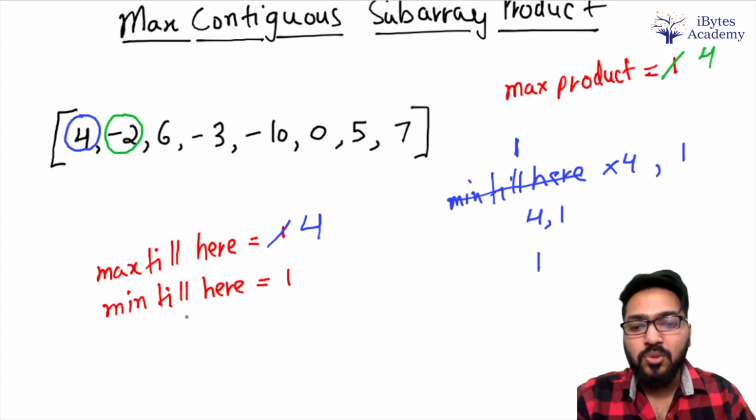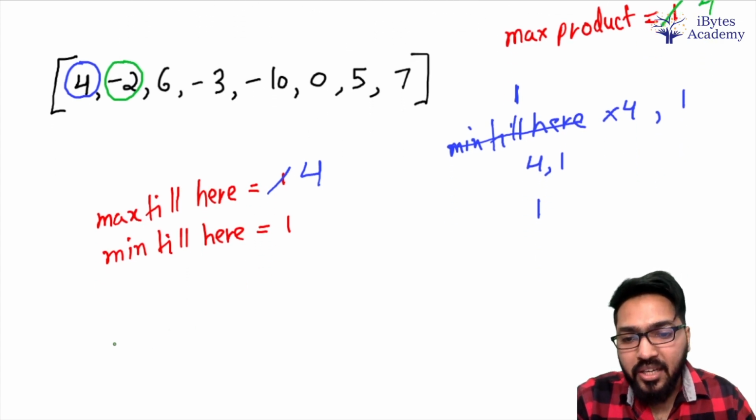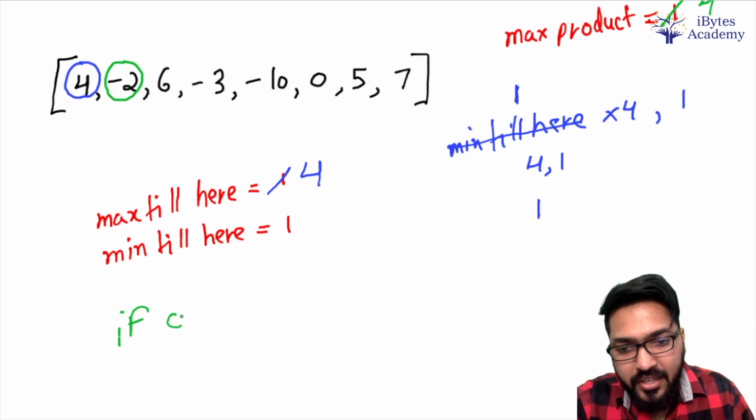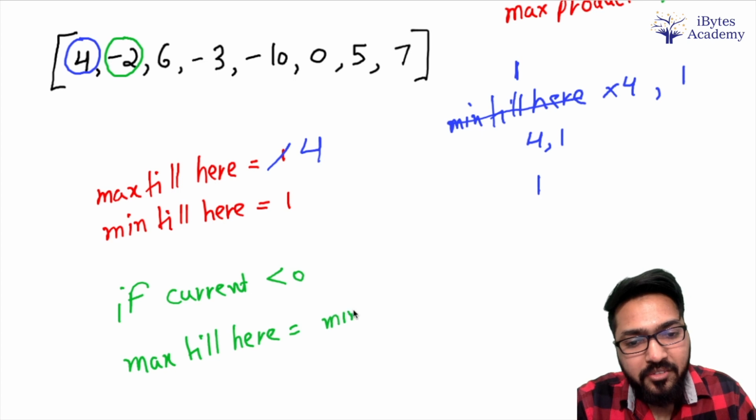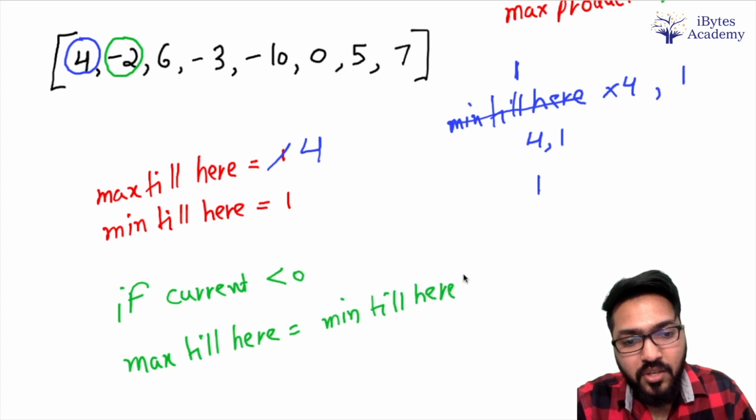So this is a candidate for the max till here value. Just try to understand that if the current element is less than 0, max till here could be min till here, if it is a negative number, multiplied by the current number.